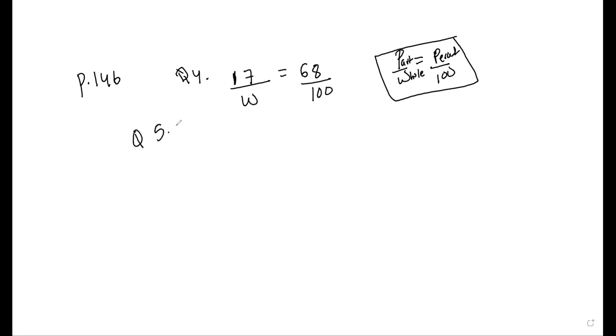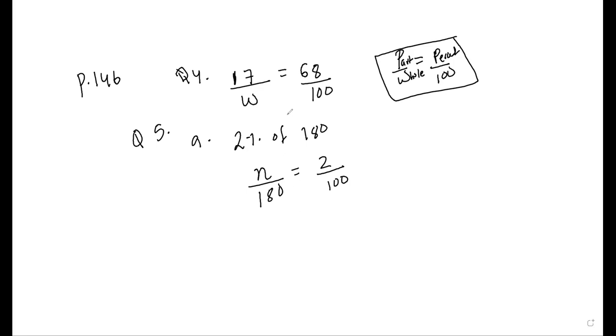Question number 5. A: 2% of 180. You girls see how you write this. 2% of 180. You know you have to find n out of the whole, which is 180, and 2% means on top you write 2 and below you write 100.